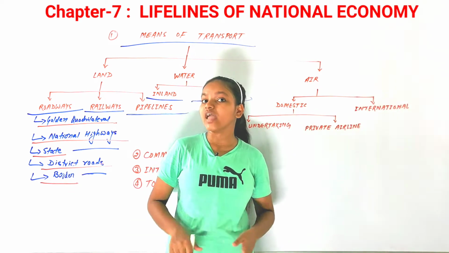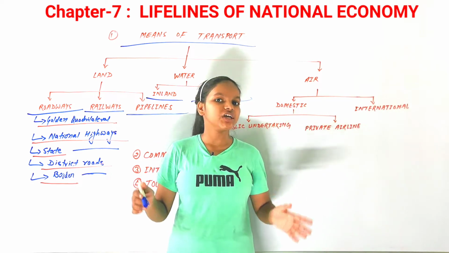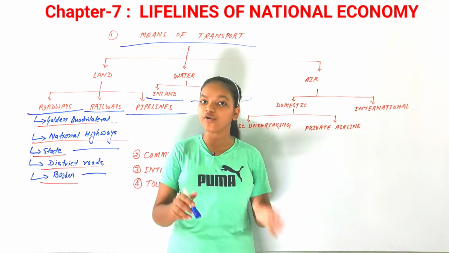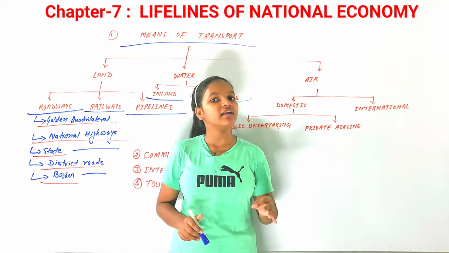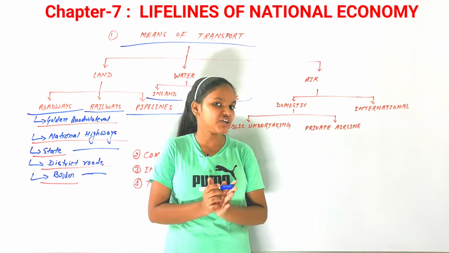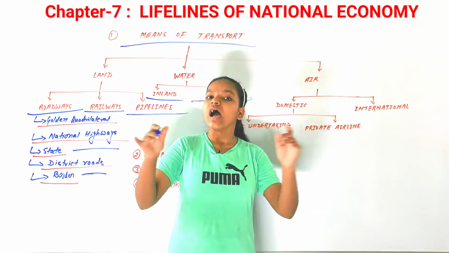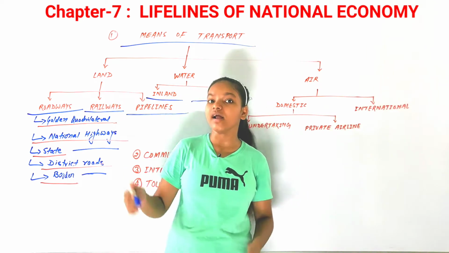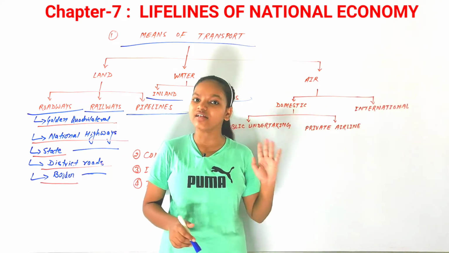And after that, we have Chennai, the biggest artificial port of our country, which is also very important. After that, we have Kochi port, which lies on the western coast.